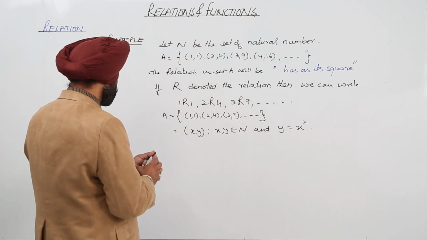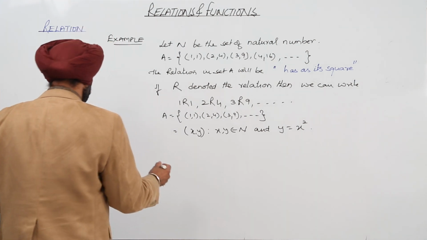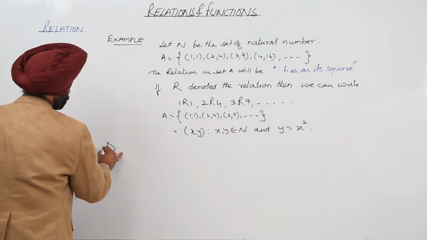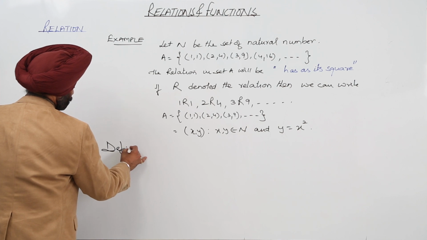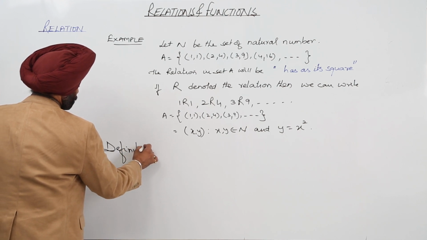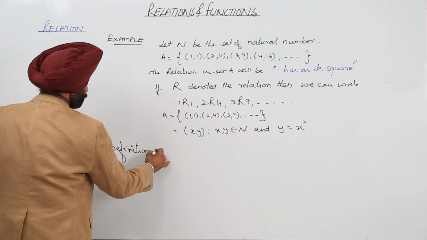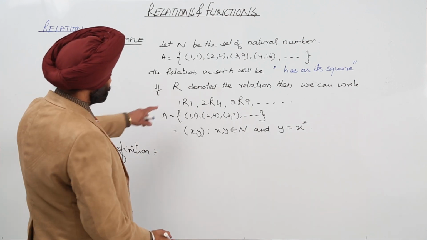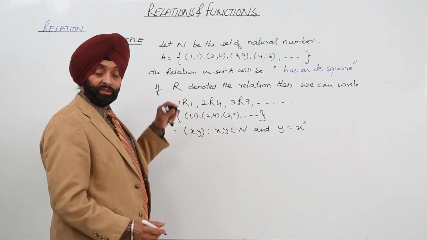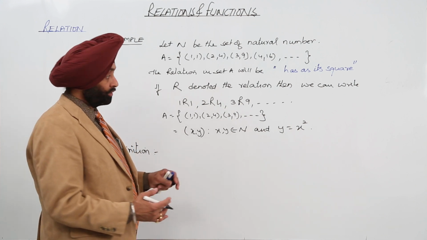Now let's move to the definition part. Capital R, which we have used for the relation here, is basically the notation for the relation. Is it clear?